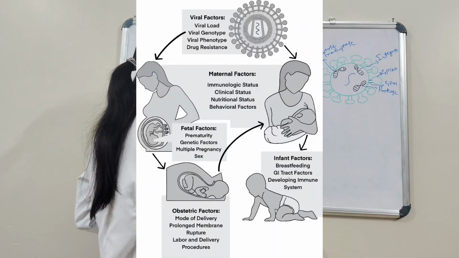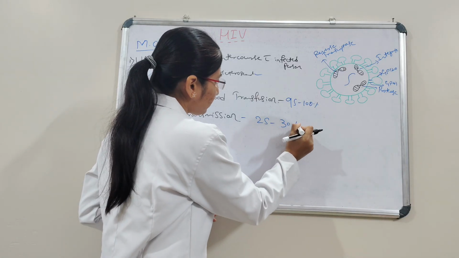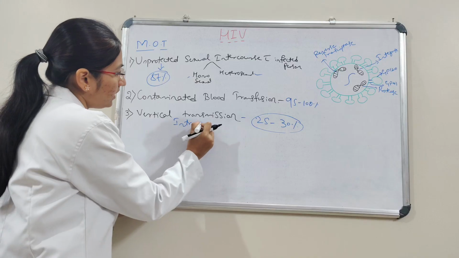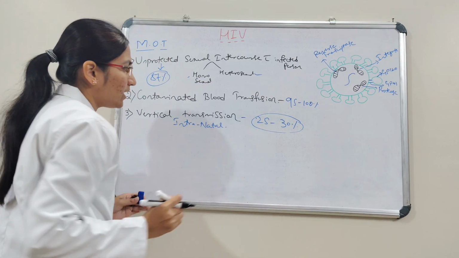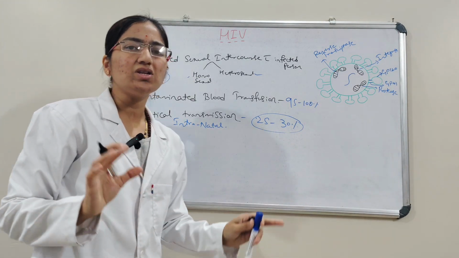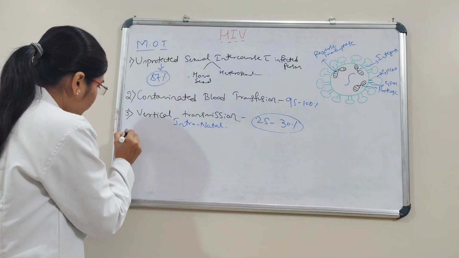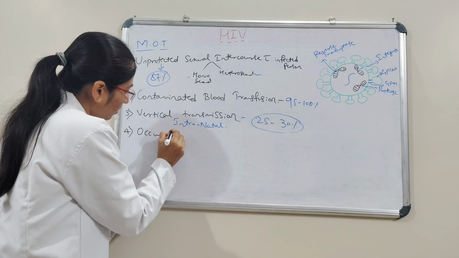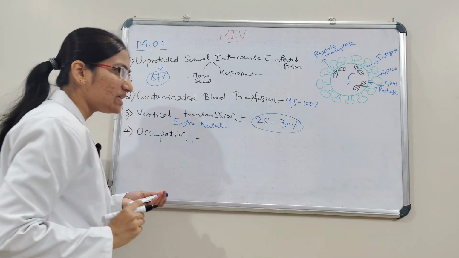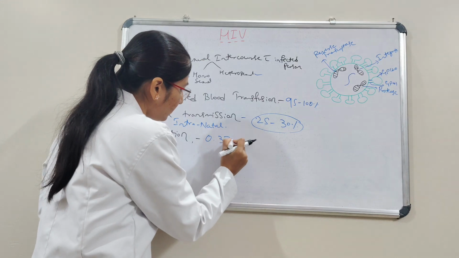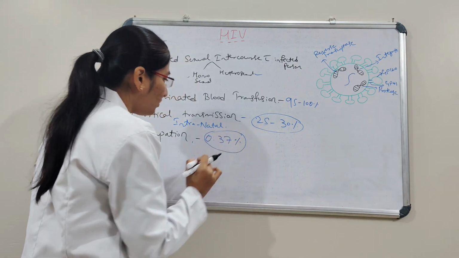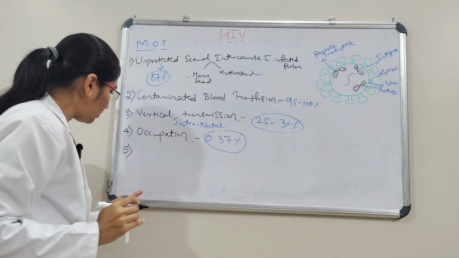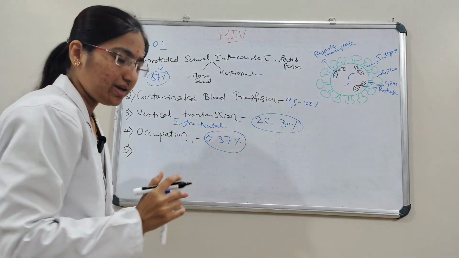There is a 25 to 30% chance, that is intranatal, during delivery, 25 to 30% chance. And then occupational, which is a rare thing, with a chance of 0.37%, that is 1 in 300. And then comes the universal concept, that is breastfeeding.